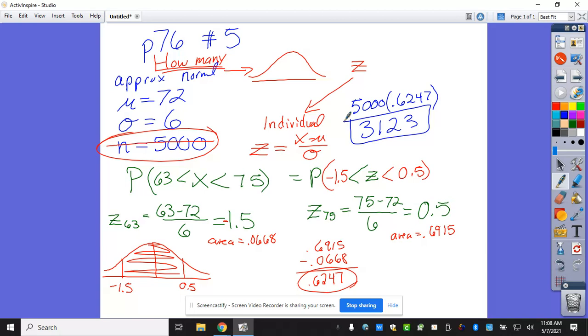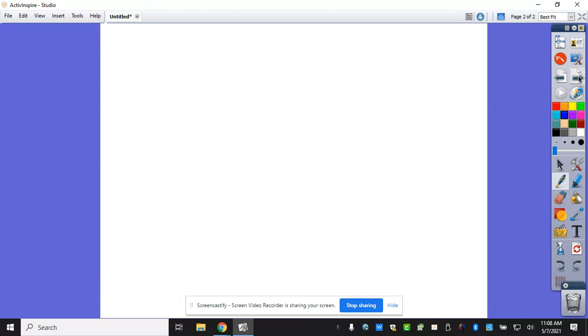All right, now, 6 is a good one. This is a working backward problem. Same page, number 6. It says, for the data described in number 5, which is the closest to the 63rd percentile? So I've got approximately normal again.